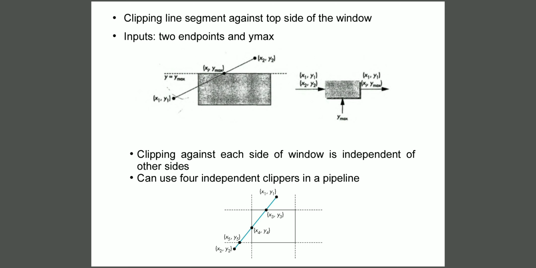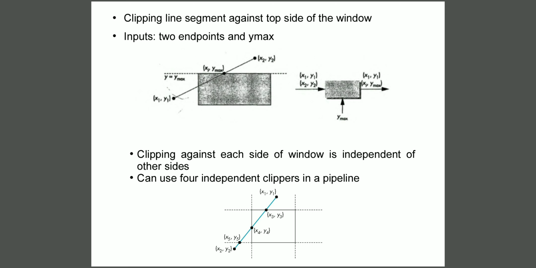To the clipper, we are giving 2 inputs in total. One is the endpoints of the line segment, x1 y1 and x2 y2. The other one is the y maximum value. As you know, the topmost side of an output window represents the y maximum value, so we give that as an input to the clipper too. If the y coordinate value of a line segment exceeds the y maximum value of the output window, then that part of the line segment needs to be clipped off.